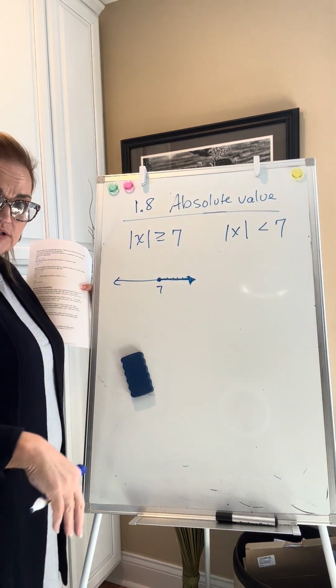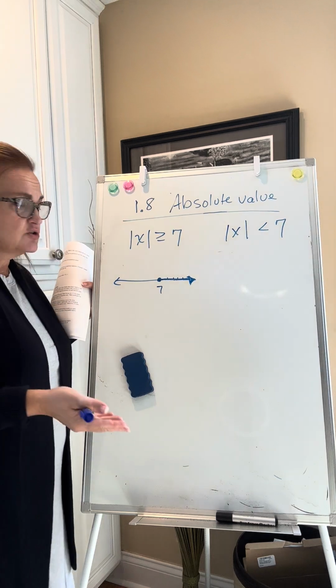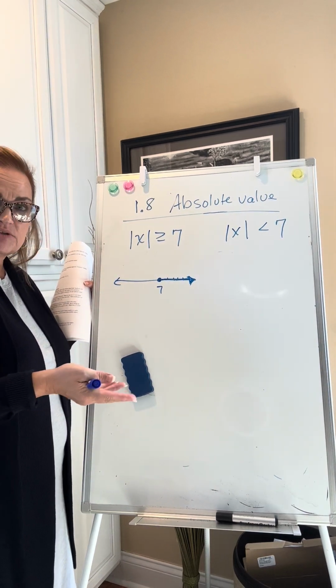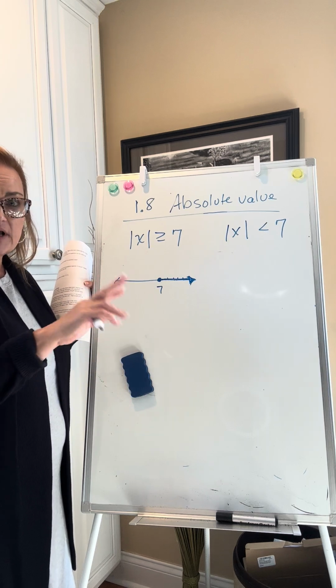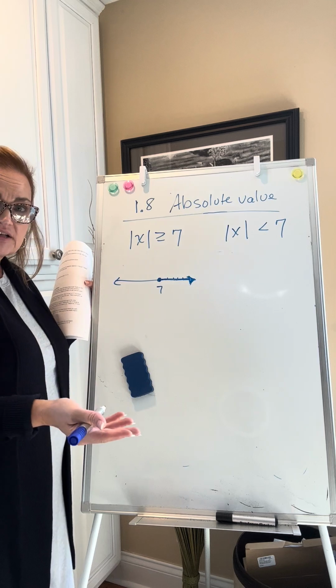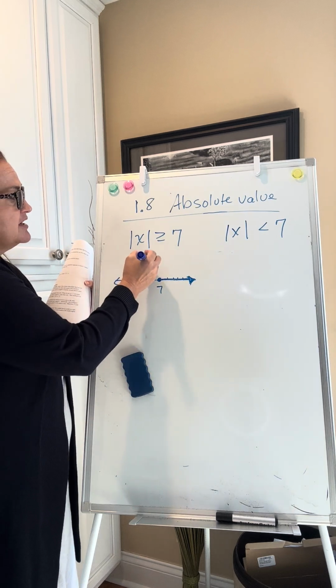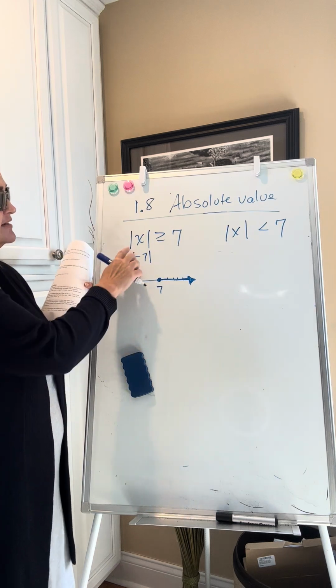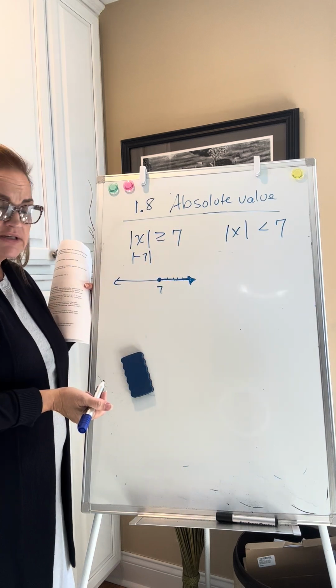But what else works? There's another side of this as well. With this section, we said that you're going to have two answers, pretty much a positive and a negative answer. So the negative answer is also going to work. If we plug in negative 7, its absolute value is also 7, and it works for that inequality.